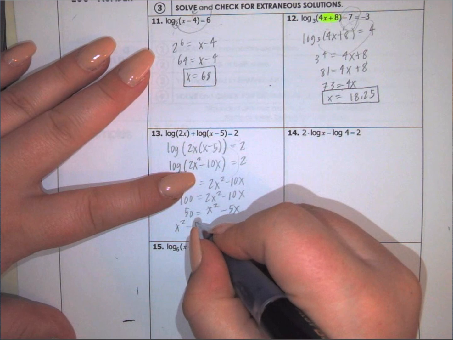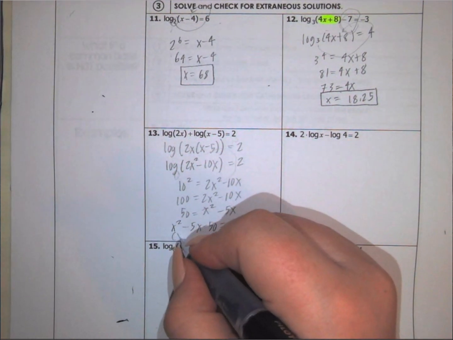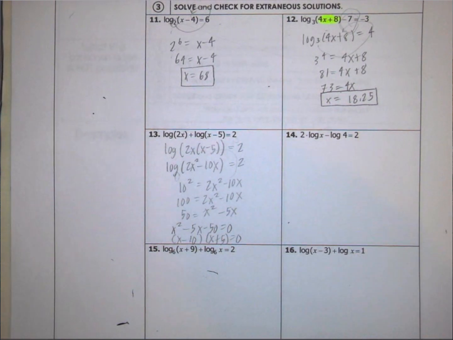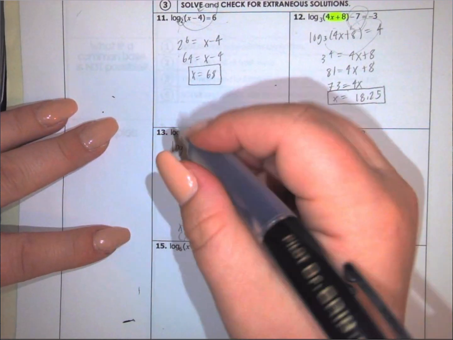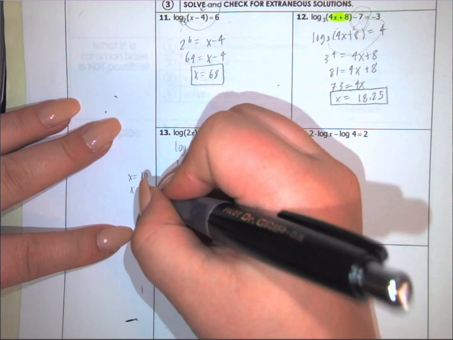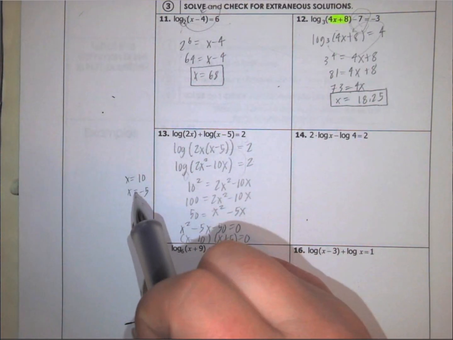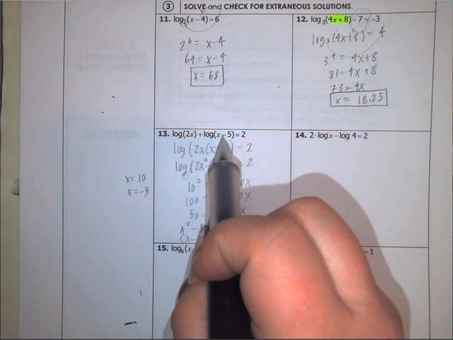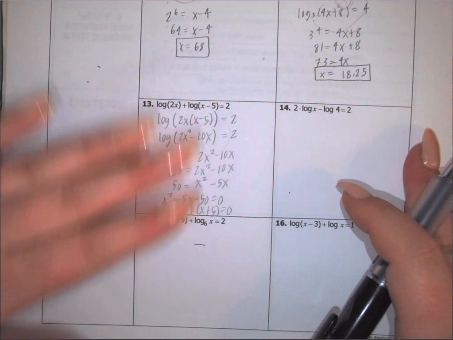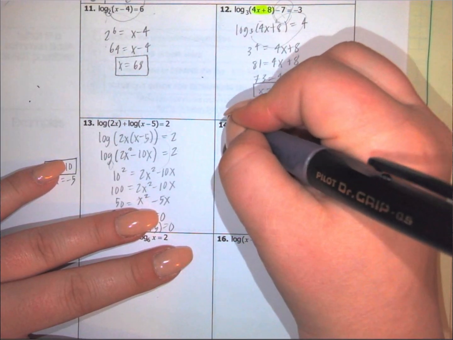Then set it equal to 0 and factor, and you get x minus 10 times x plus 5 equals 0. Negative 5 doesn't work because it makes the inside negative, so just x equals 10 is the correct answer.